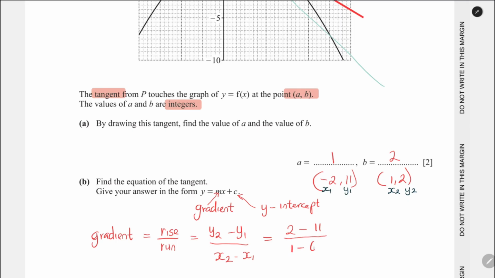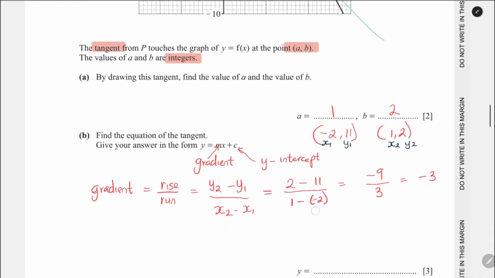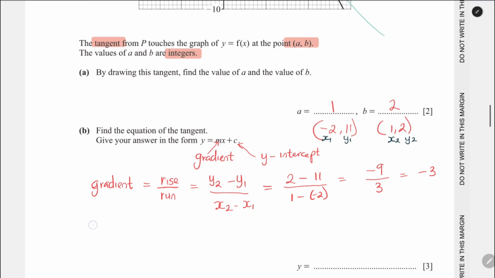This gives us 2 minus 11 is minus 9, and 1 minus minus 2 is 3. So this gives us a gradient of minus 3. M is equal to minus 3.